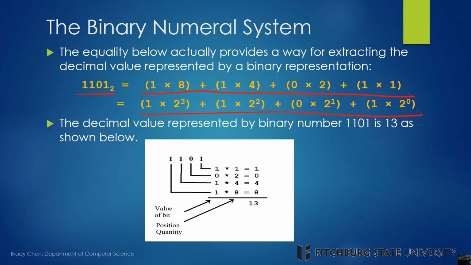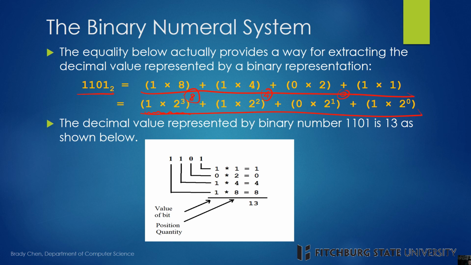So, for example, this one, 1 times 2 to the 3, that's actually number 8, right? Now 1 times 2 squared, that's actually number 4. And the 0 times 2 to the 1, actually that's 0, right? Because 0 times anything is 0.